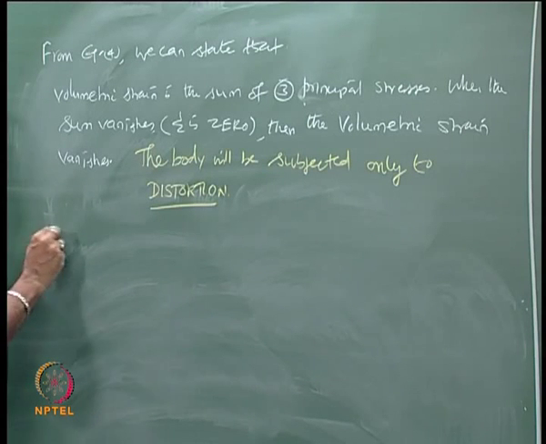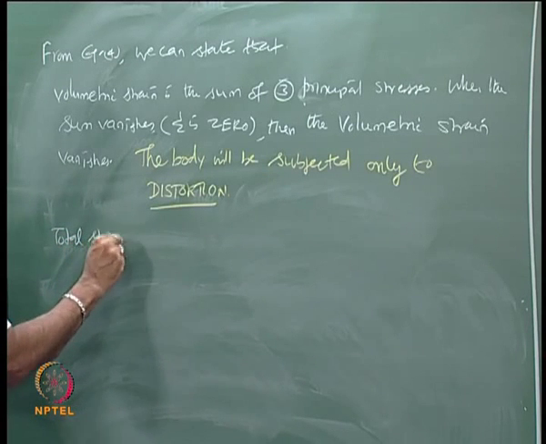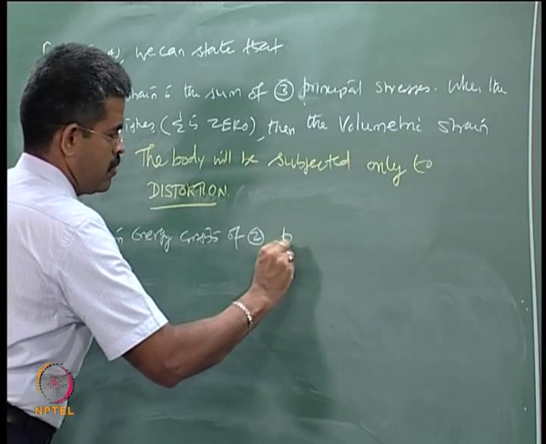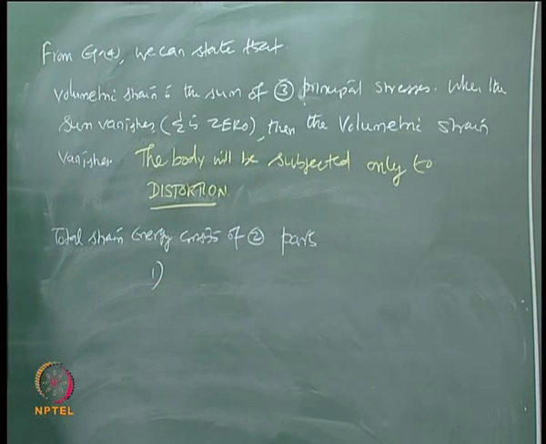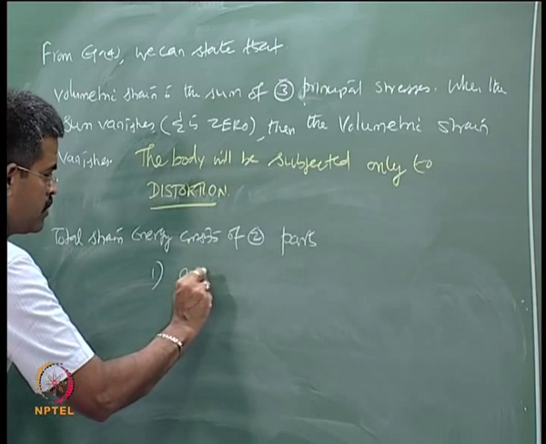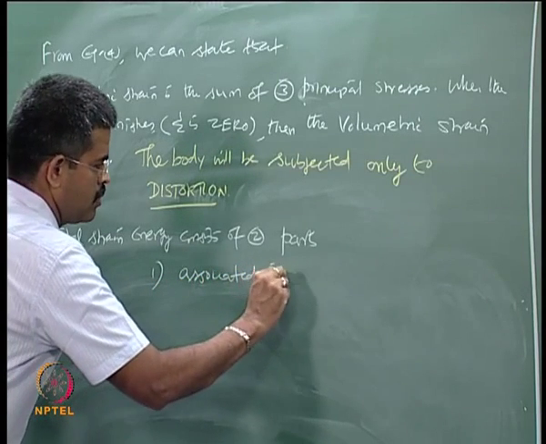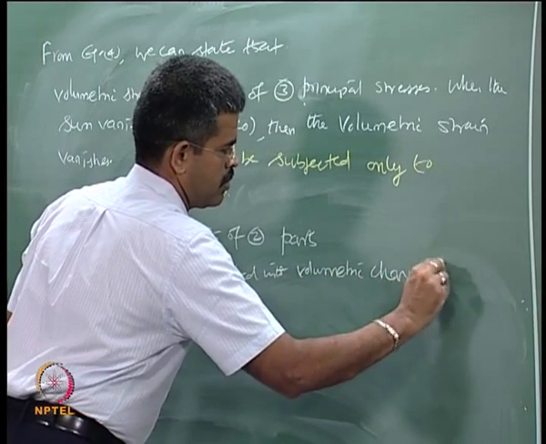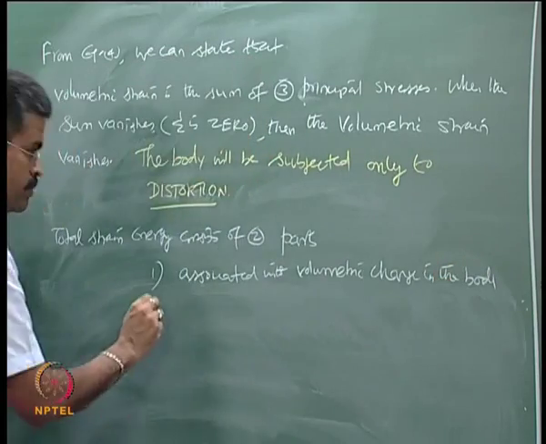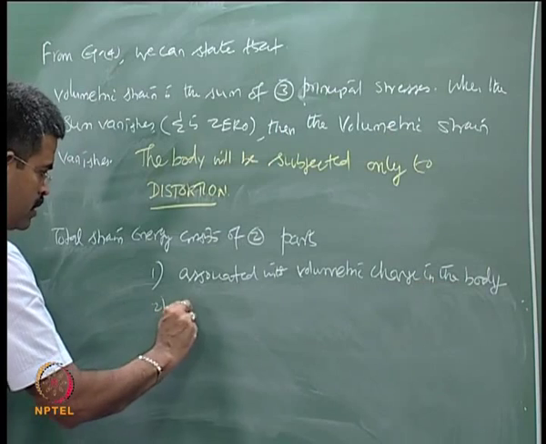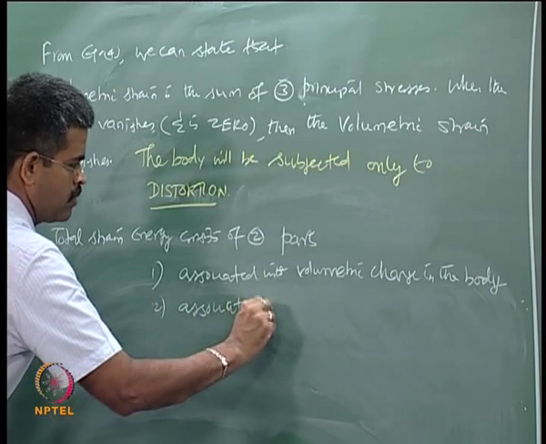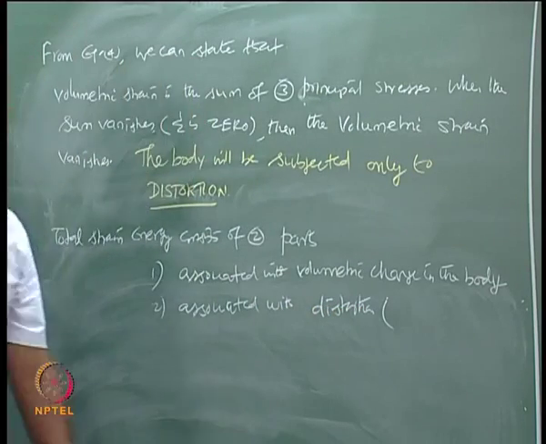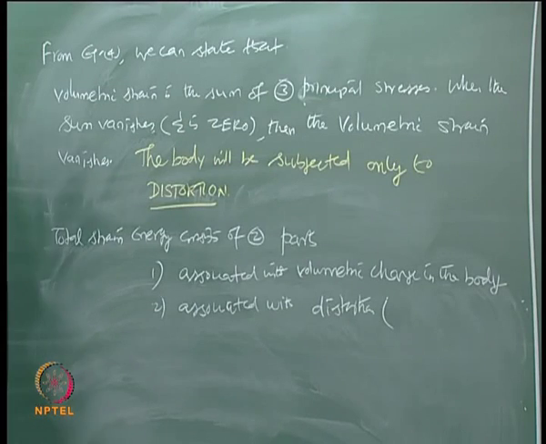Now, the total strain energy consists of 2 parts. One is associated with volumetric change in the body, the other is associated with distortion, which is otherwise change of shape.